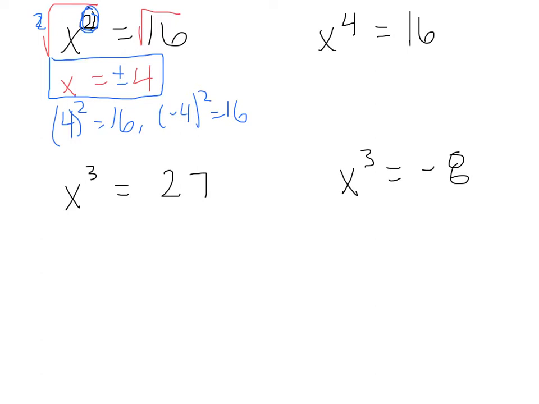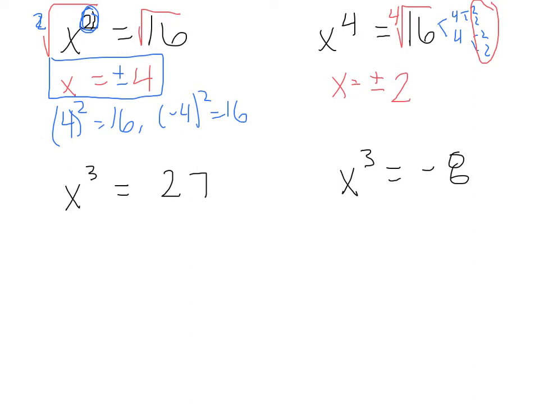Just like for the second one, if I do my factor tree and I have 4 and 4, 2 and 2, so I have one group of 4 here, so I'm dealing with 2. However, again, if I take the fourth root that's even, I can have both plus or minus. So x is going to be equal to either plus or minus. Again, if it's an even root, it's going to be plus or minus.